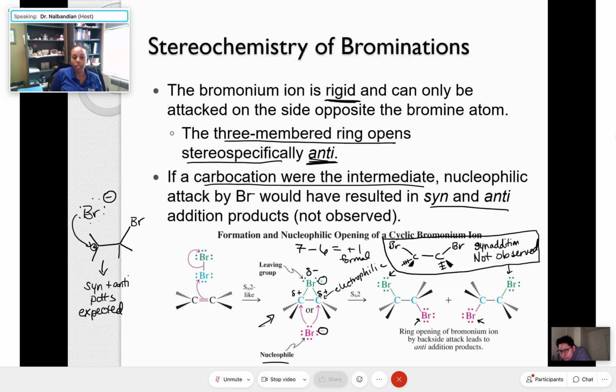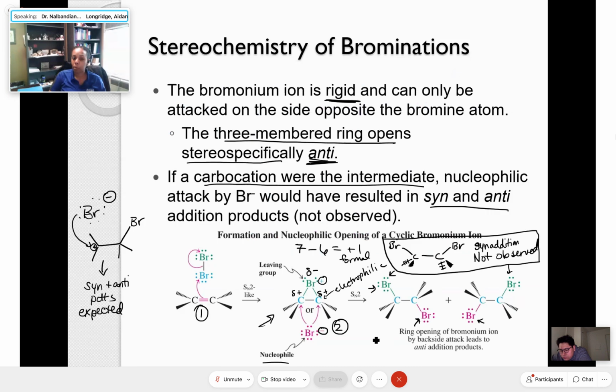When we add bromine, we are doing a stereospecific addition, where one of the bromines gets added to the top face and one of the bromines gets added to the bottom face. They get added in 2 separate steps, right? One bromine gets added in the first step and the second bromine gets added in the second step. But they get added anti to one another, not syn to one another.